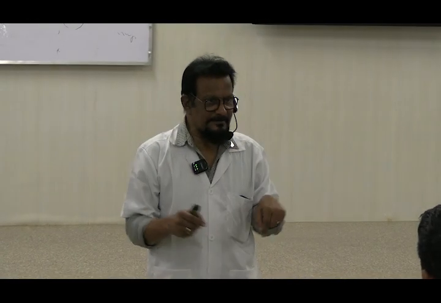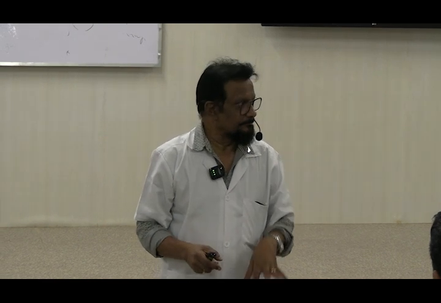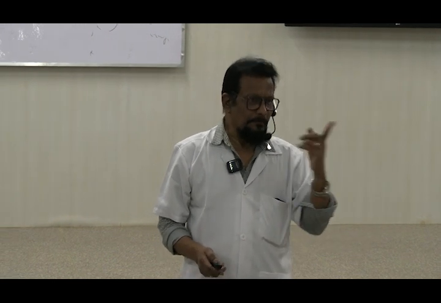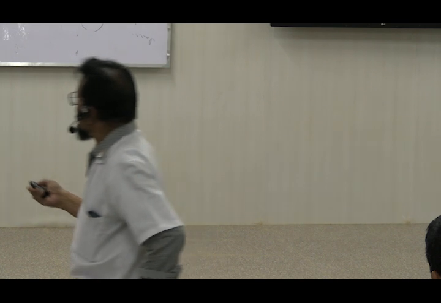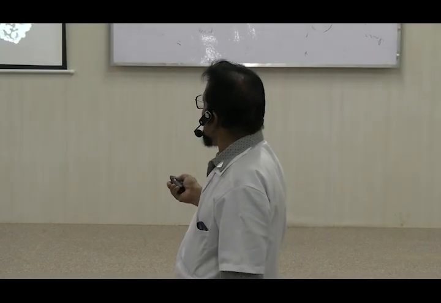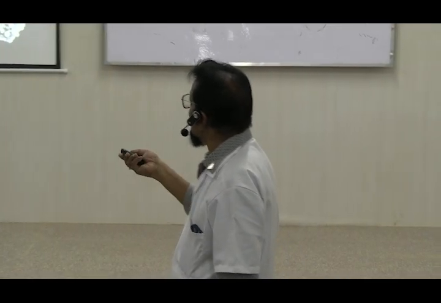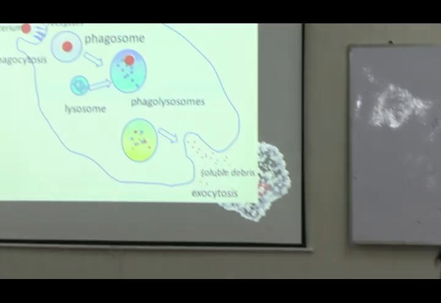Whatever is there, everything will be destroyed and digested. Protein, elastase, so many protein digesting and carbohydrate digesting enzymes, different types of enzymes will digest it. And it will eliminate amino acids, glucose, the basic components. Is it understandable?